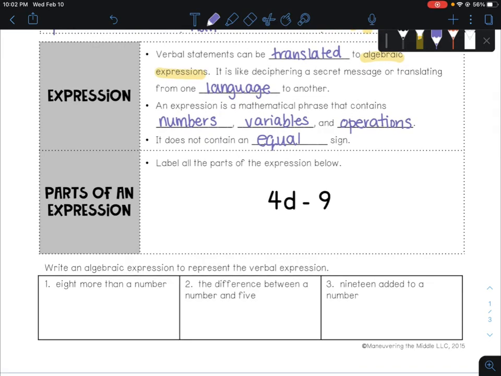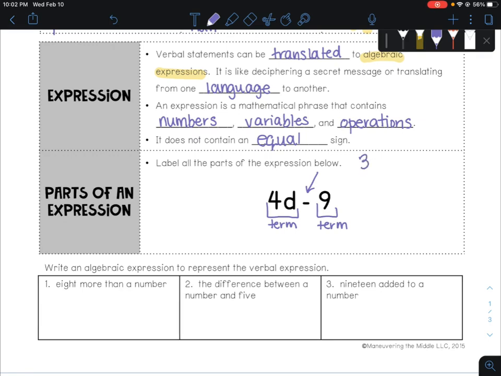So now going into the expression, each expression has different parts. We talked earlier, you could have numbers, variables, operations. So let's look at some terms of an expression. So terms of an expression are the parts of the expression, separated by a plus sign or a minus sign. So the 4D and the 9 are terms because they're the parts of the expression with a minus sign in between them.